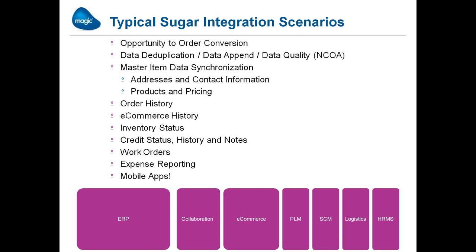It might even have information related to your suppliers and so forth, depending upon how you're using Sugar. So all of the address and contact information needs to be synchronized, and you need to develop business rules and procedures for doing that. And master item data synchronization is supported by the XPI integration platform for Sugar and the various systems out there.